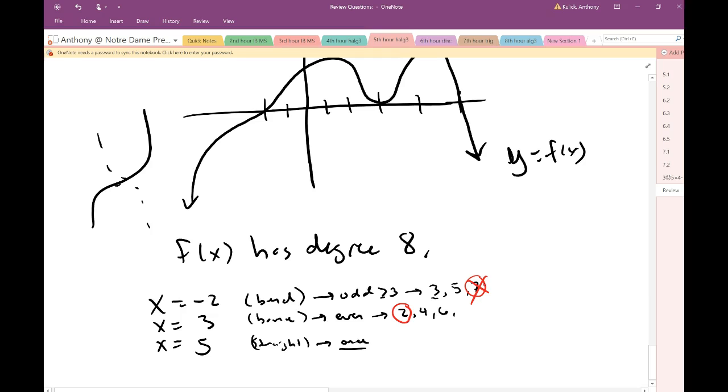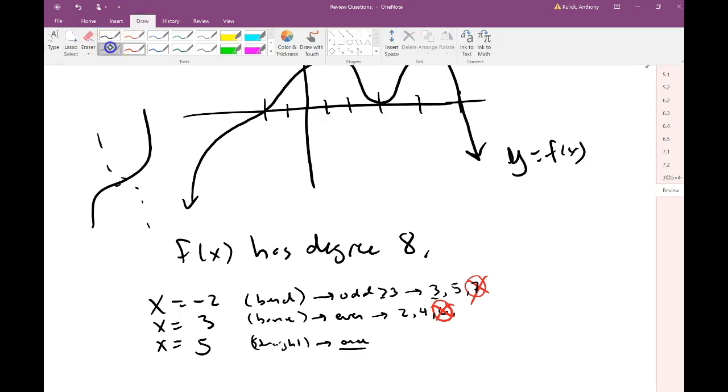Agree? What about if this one is 6? Well, this one has to be at least 3. So that's too many. It can't be 6. Yep, that's the thing I'm going to do next.